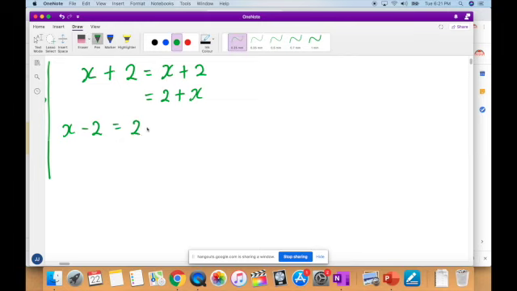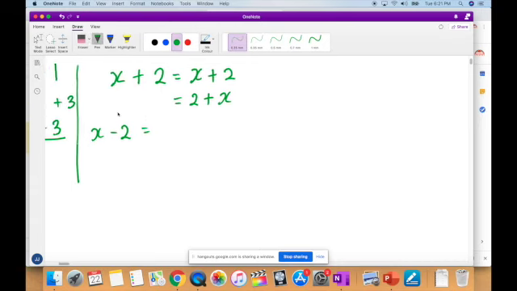So alright, let me see. 2 minus x. x minus 2 is equal to 2 minus x, right? So if x was 1, let me just say x was 1. What you're trying to say is 1 minus 2 is the same as 2 minus 1. Is that what you're saying? No. Because 1 minus 2 is negative 1 and 2 minus 1 is positive 1. So this is not correct.